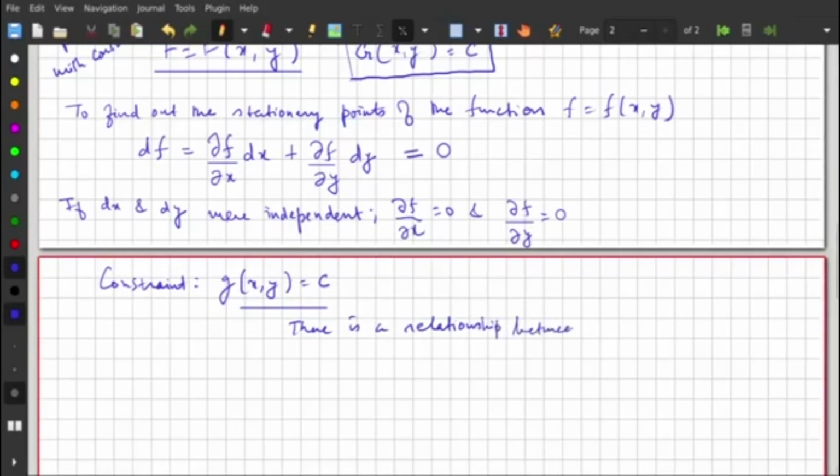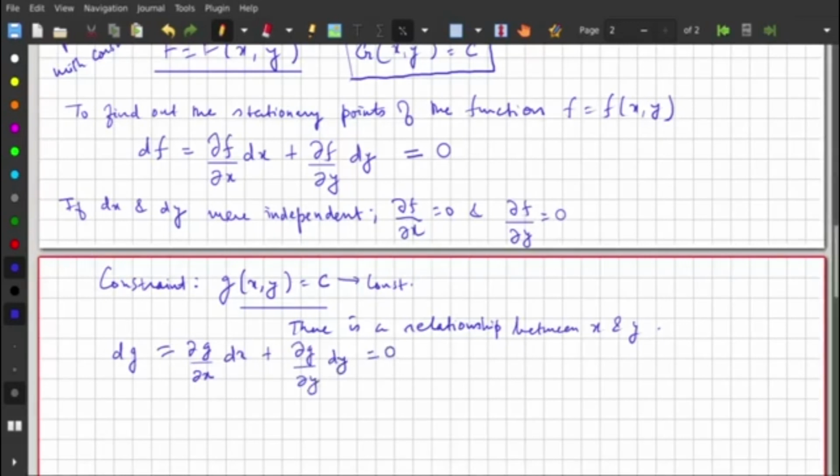So if this needs to be satisfied, given that this is a constant, that means if we take the differential of g, that has to go to 0. And what is the differential of g? We can write that as partial g partial x dx plus partial g partial y dy, and that should equal 0.